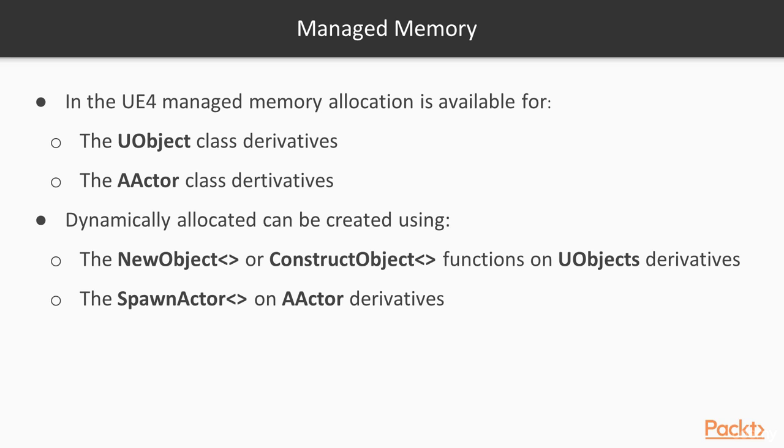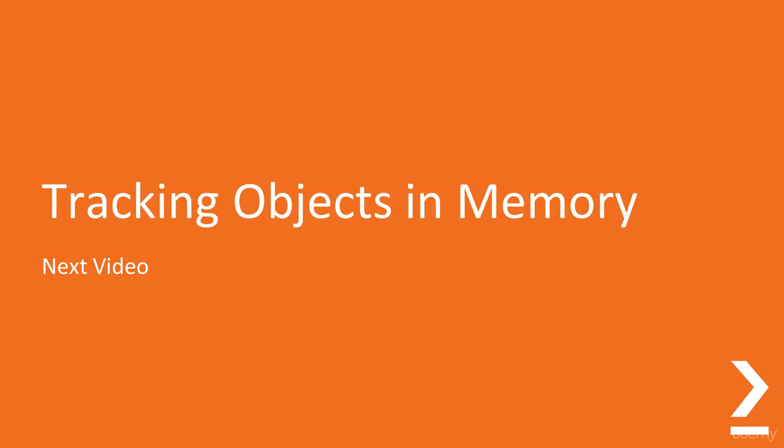If there are certain pointers you want to allocate but you don't necessarily need a full-blown UObject or AActor, you can still make these pointers effectively memory managed by utilizing the UPROPERTY. So in the next video, we are going to look at how you can utilize memory management in UE4 and track your objects in memory.